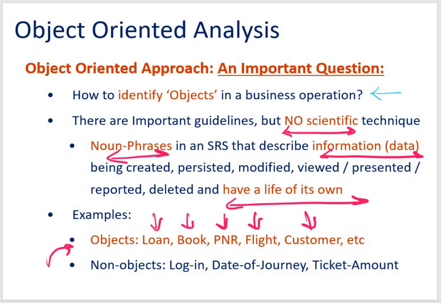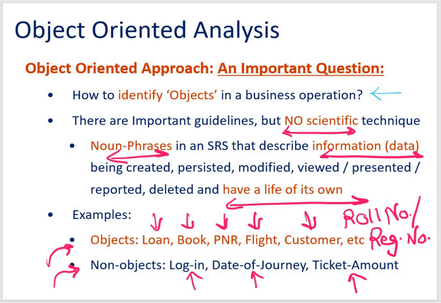For example, I can have a loan, I can have a book, I can have a PNR, I can have a flight number, I can have a customer and whatnot. Your roll number or registration number, that can be considered as an object as well.